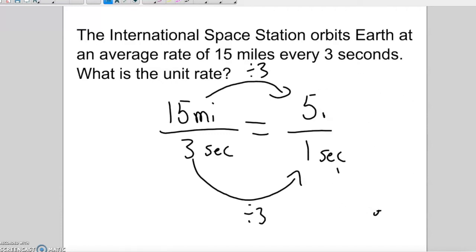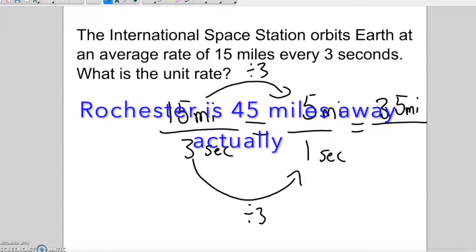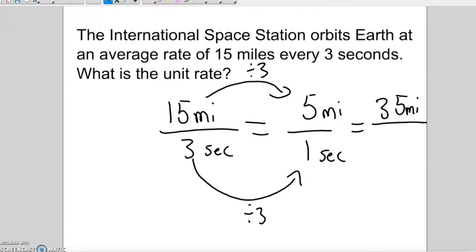You could find out, for instance, okay, change that back. Let's see. So, Rochester. Let's say that's about 35 miles. I don't know for sure. Somebody can look it up later on Google Maps or something.